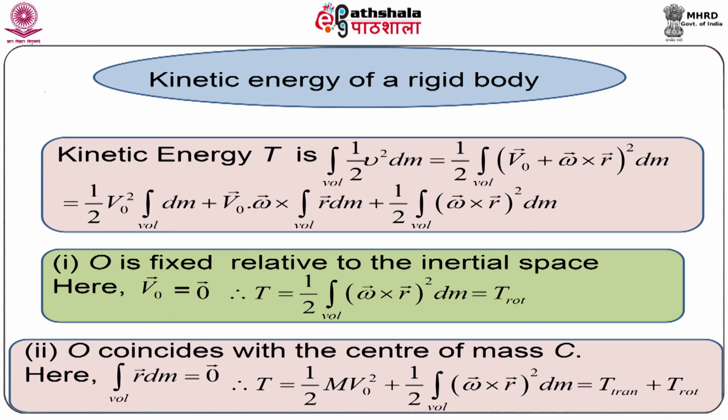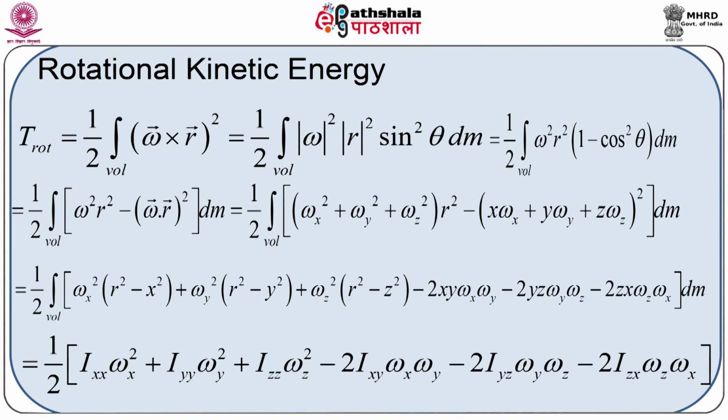So, we have this term and this term. Here those two terms we have written. This is kinetic energy due to translational motion, this is due to rotational motion. Since VO vector is the velocity of translation.